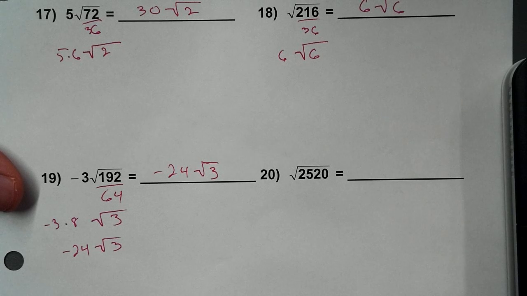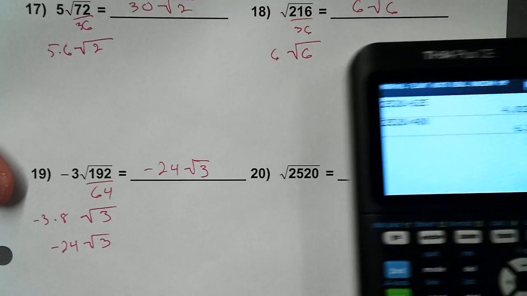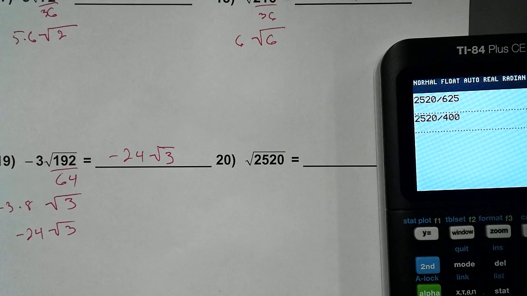The square root of 2520. Let's try a really big number. Let's try that divided by 625. Nope, that one doesn't go in there. Let's try now maybe by 20. So 400. And you can keep on going until you get one that's even.